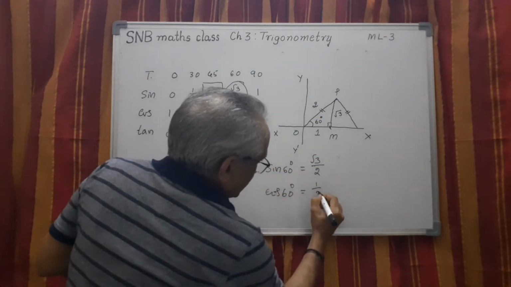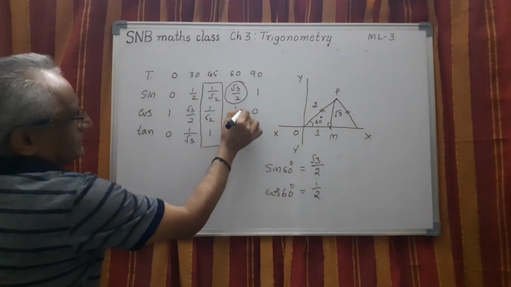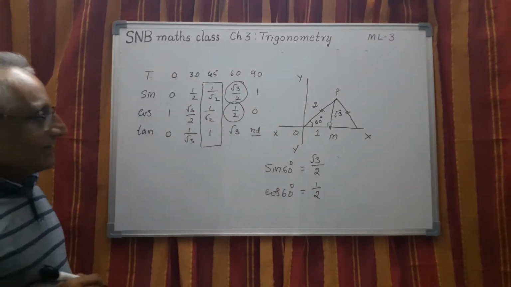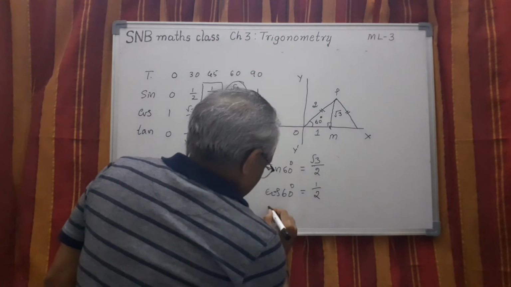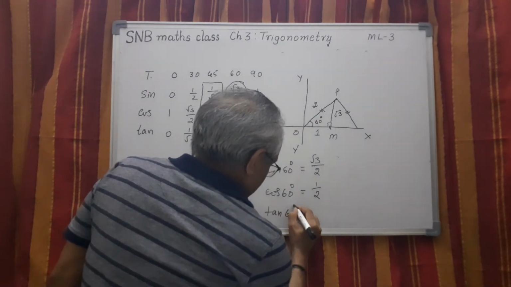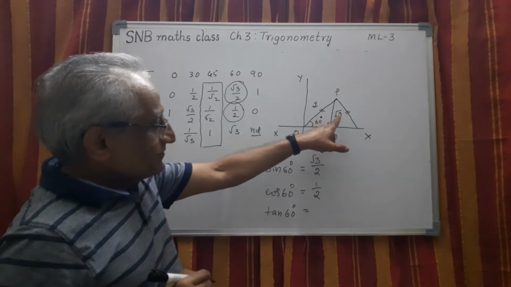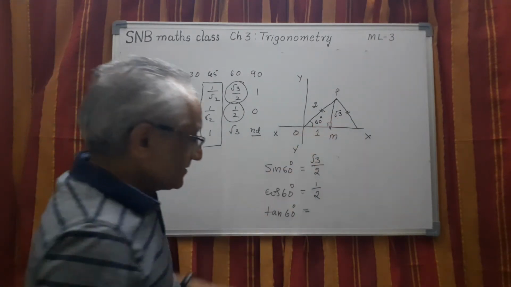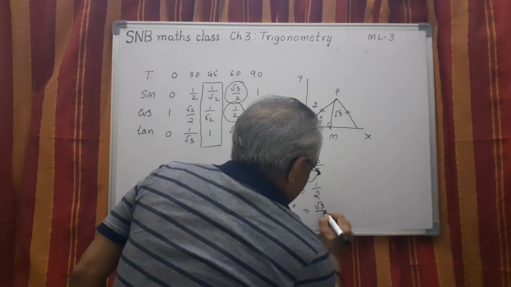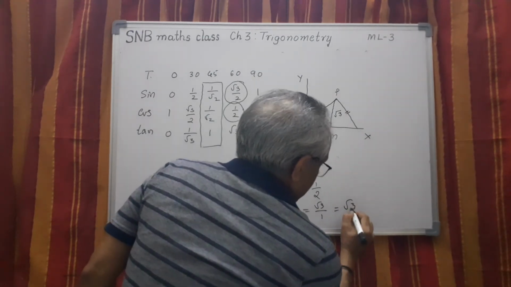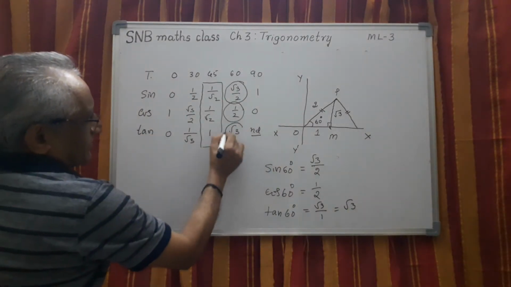So it is 1 by 2. So you get this value. And tan 60 degree, what is the definition? Opposite by adjacent. So it is root 3 by 1. This is root 3. So we got this one.